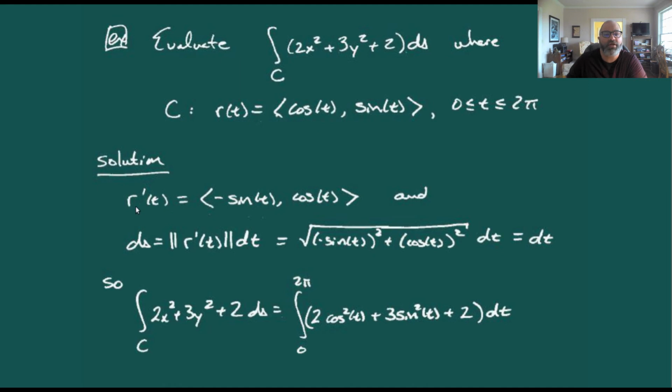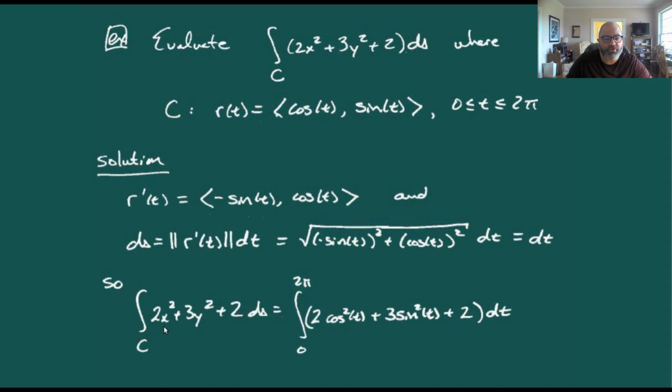For r prime, our tangent vector looks like (-sine t, cosine t). Our ds, remember, is just the norm of that tangent vector, so it's the square root of sine squared t plus cosine squared t dt, which simplifies to plain old dt.